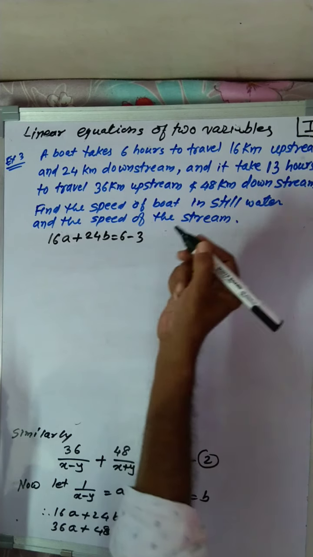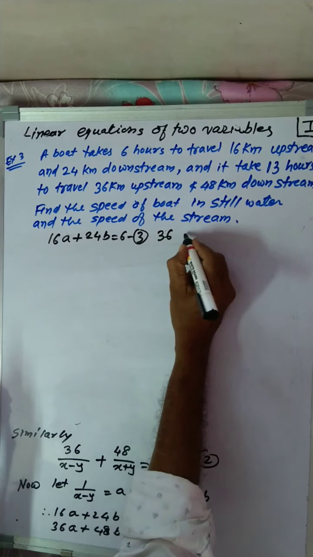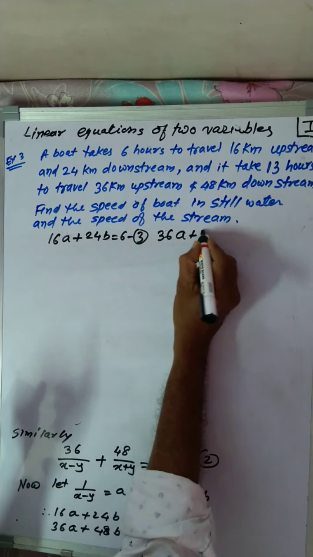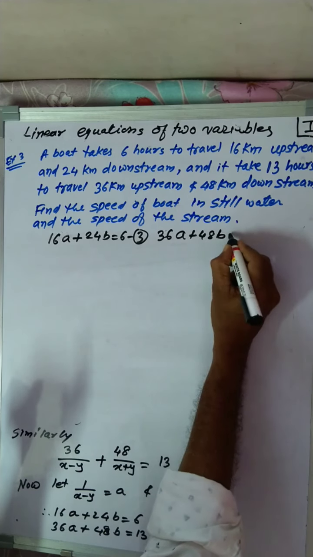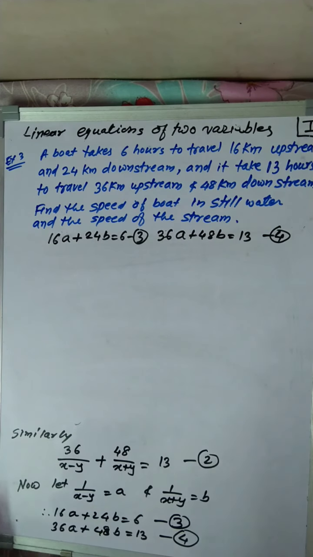That is equation number 3. And the other equation is 36a plus 48b is equal to 30. That is equation number 4. Now we solve these equations as simultaneous equations.